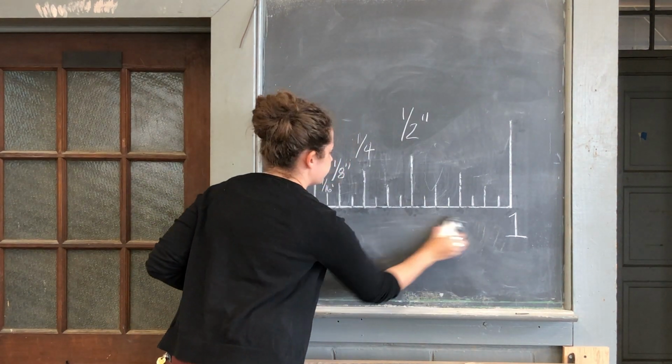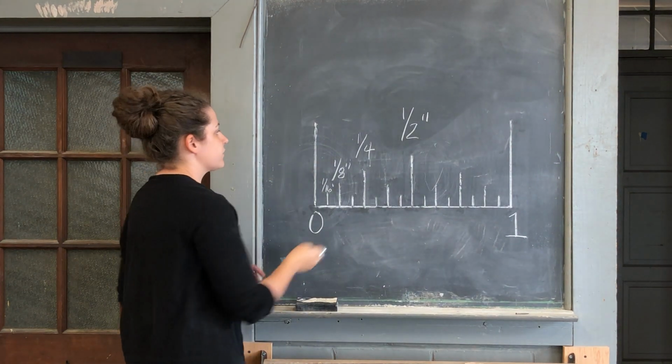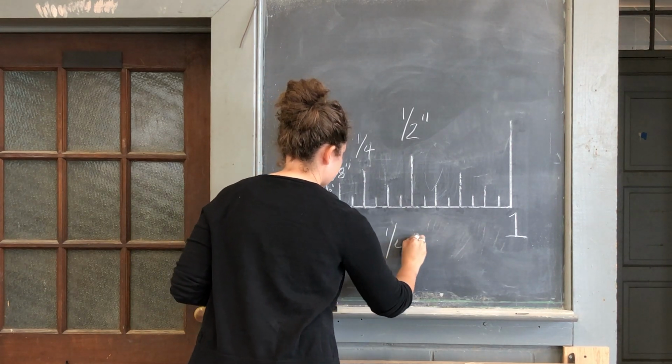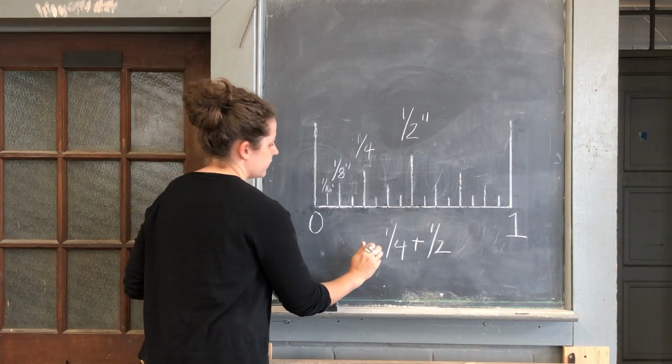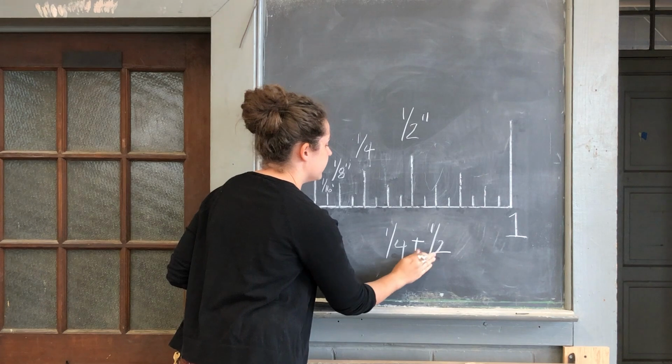If I'm adding 2 fractions together, say I want to add 1/4 plus 1/2, what I'll do in this case is take the denominator that's the highest here and apply that to the 1/2 increment.